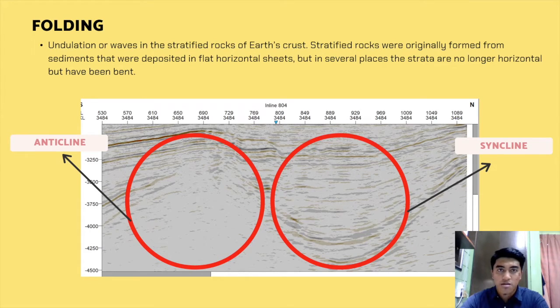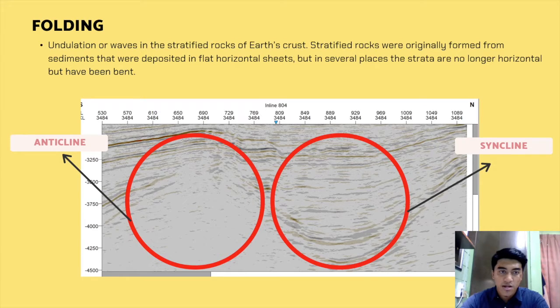After that, in the seismic interpretation window, we have found the folding formation. Folding basically is an undulation or wave in the stratified rock of the earth's crust. Stratified rock originally formed from sediments that were deposited in flat horizontal sheets, but in a number of places the strata are no longer horizontal but have been bent because of depressions.